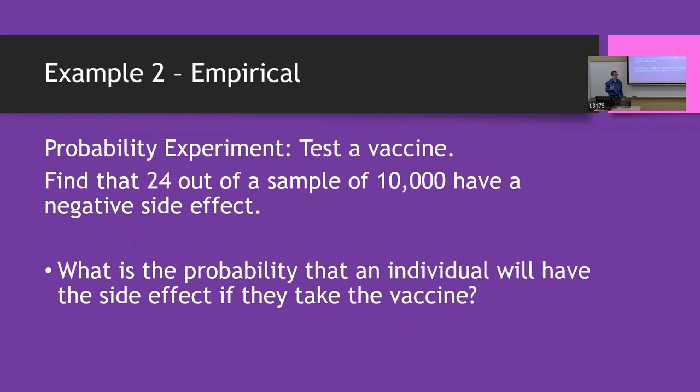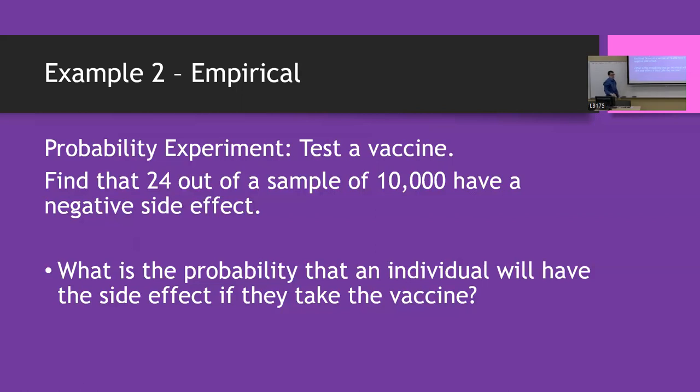That's the two outcomes. But they're not equally likely. So how would I find out what the probability of having a side effect is?